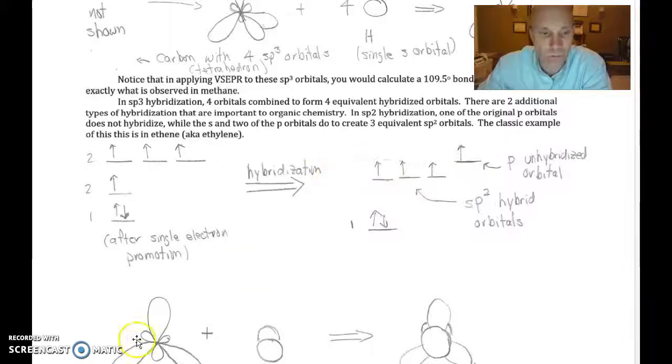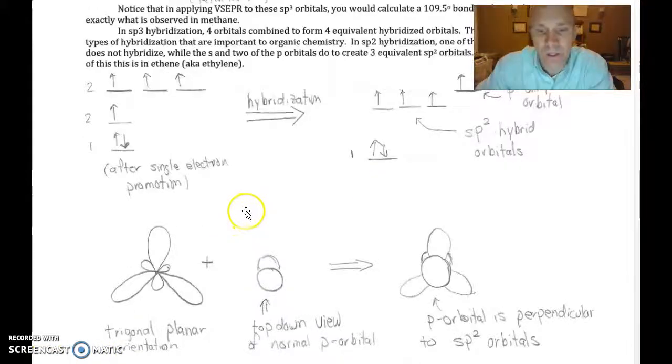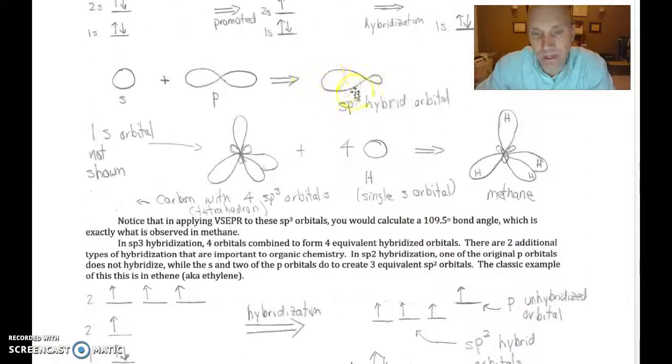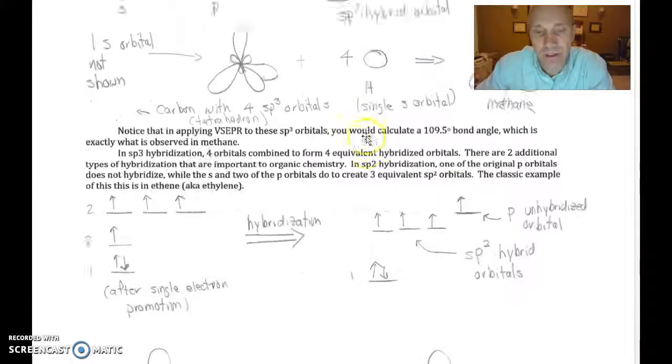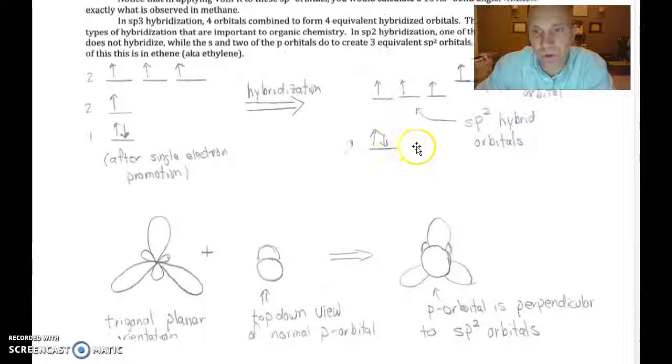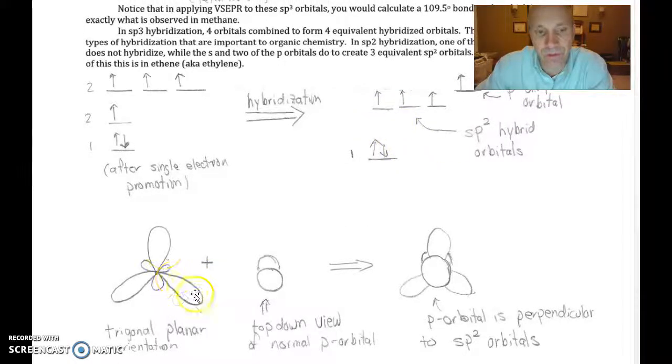All right. So what is that going to look like? So each of the sp2 hybrid orbitals is going to look pretty much like one of these sp3 hybrid orbitals. The big difference is going to be what happens when they come together. So again, we only have 3 of these, and when those come together, they're going to come together kind of like this, where this right here is one of them, right?